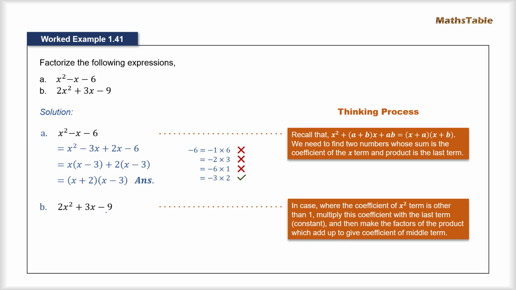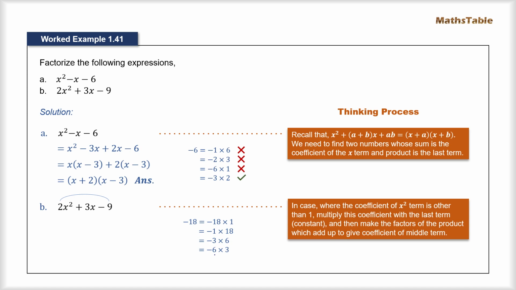Instead, we first multiply this last term with the coefficient of the x squared term, and when we get the product of these two numbers, which in this case is minus 18, we then break minus 18 into the combination of two factors, just like we did in the previous part. Then we select the combination which, when added together, gives us the coefficient of the middle term.